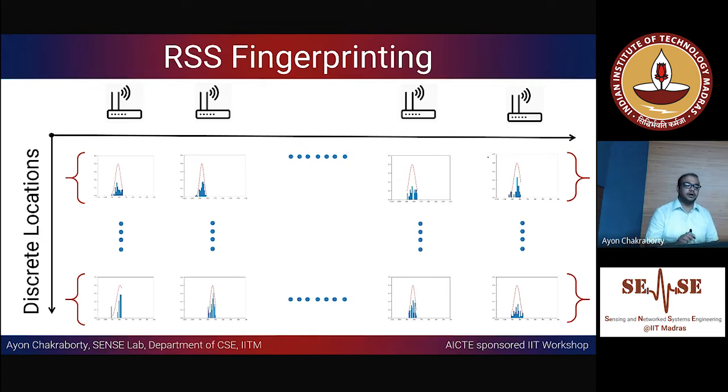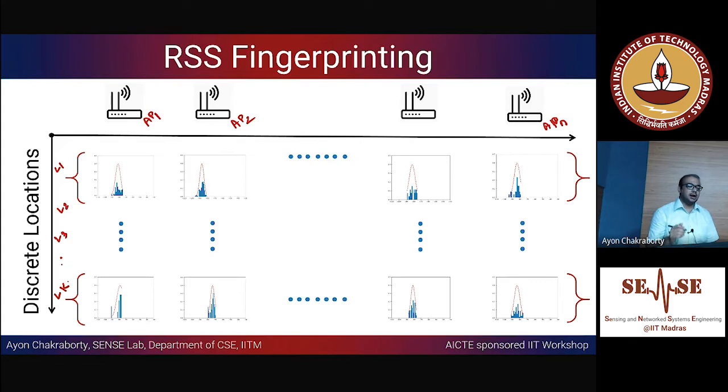Suppose you have n access points, labeled ap1, ap2 till apn. These n access points could be wi-fi access points or even n bluetooth beacons, any kind of wireless transmitter. And you have some set of discrete locations, l1, l2, l3 to lk, so there are k locations.